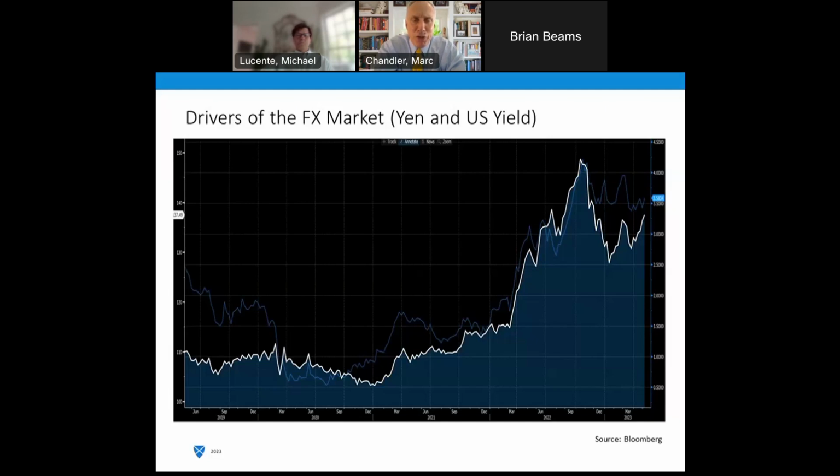If you tell me which direction U.S. rates are going, I'll have a good idea which way the dollar-yen exchange rate is going. Partly, as you probably already know, Japan is the only country that still has negative interest rates. Their policy rate, the equivalent of our Fed funds rate, which is an overnight rate, the Japanese overnight rate is minus 10 basis points.